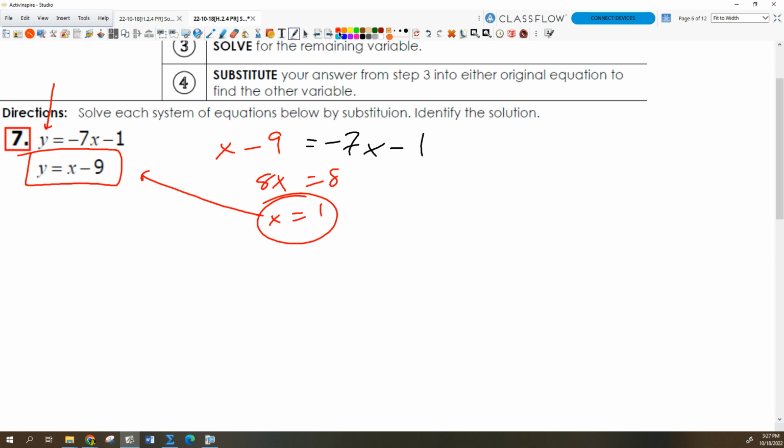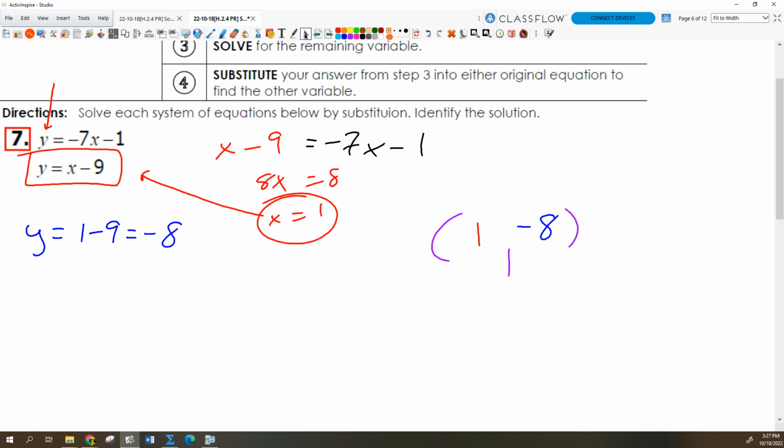So that's the boxed equation. If I plug 1 in there, I get y equals 1 minus 9, which is negative 8. And so I get for my solution then the ordered pair 1, negative 8. Okay. How could I check to see if I get it right on a test? Substitute into both equations and verify that it works.